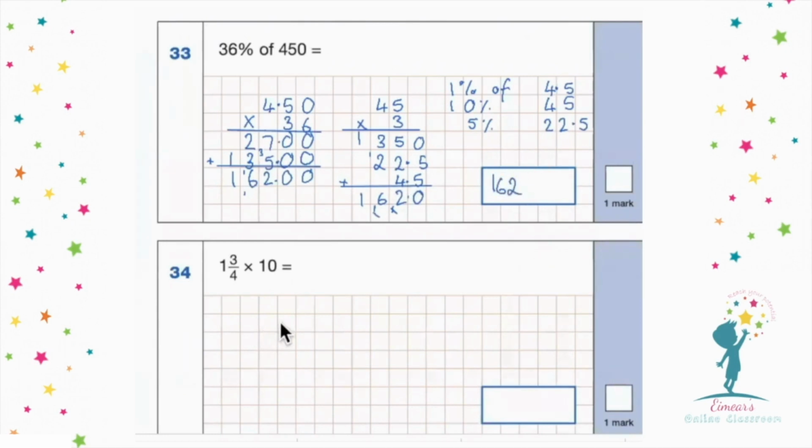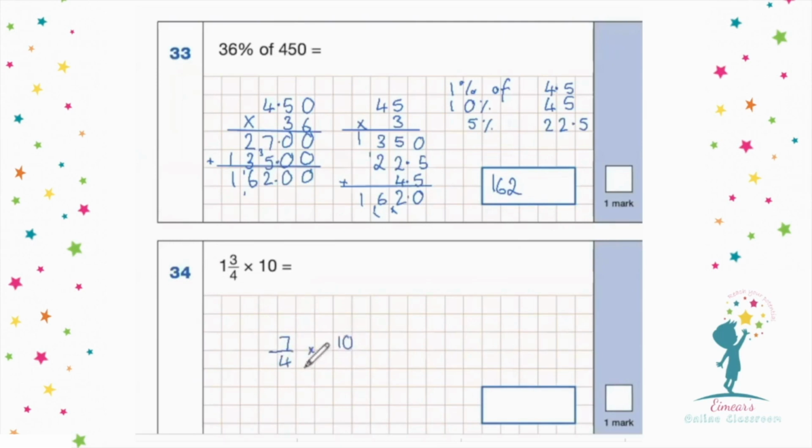Next question, we have 1 3/4 times 10. So this is a mixed fraction, and it will be easier to solve this if we change it to an improper fraction. The denominator is 4 here, so we're going to change our 1 to 4 over 4. So 4 over 4 plus 3 over 4 is 7 over 4. 7 over 4 times 10.